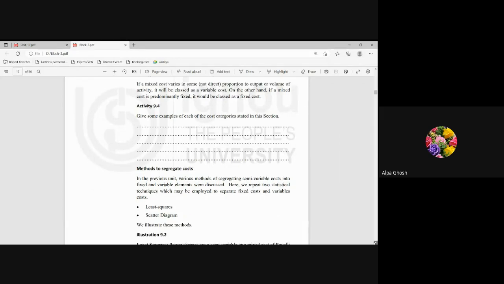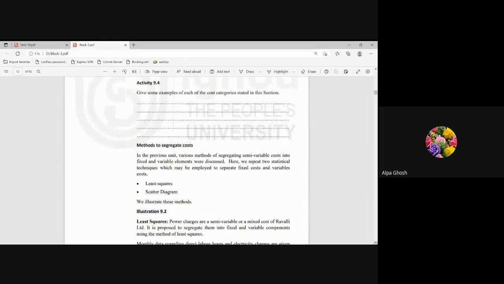Now, these are a few methods of how to segregate cost. Cost may be semi-variable cost, fixed cost, and variable cost. There is a semi-variable cost also, which is fixed for some range and variable later on. We all know that when we increase the production, the cost at lower units is more, and when we go for large scale production, the cost also changes.